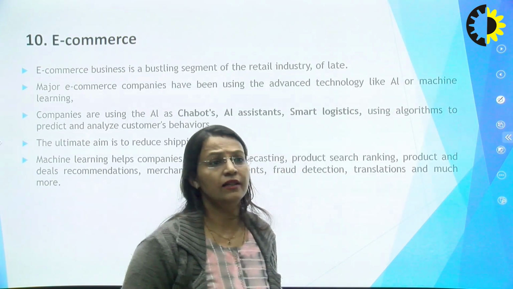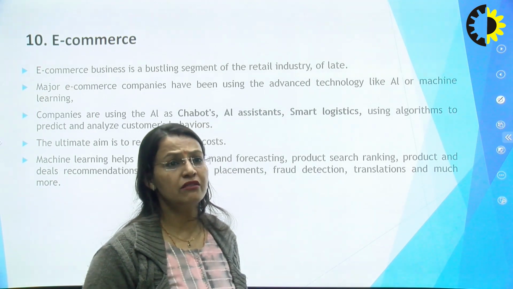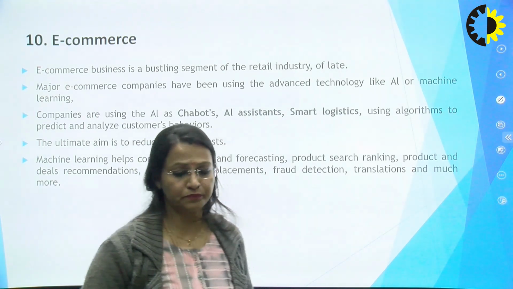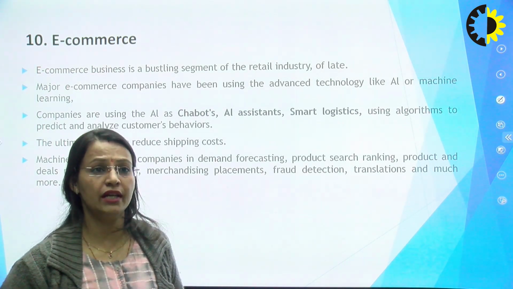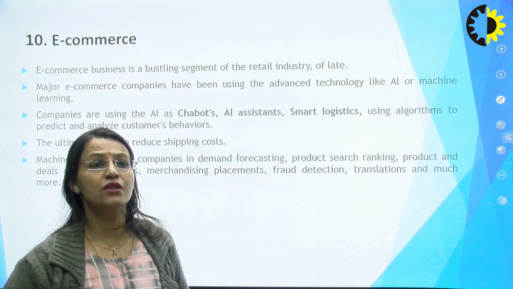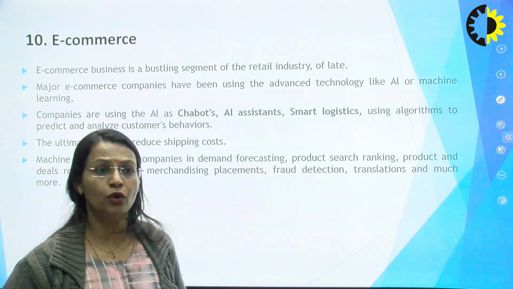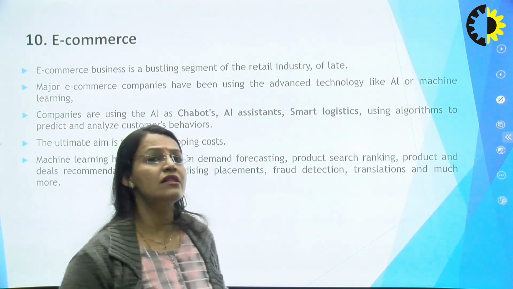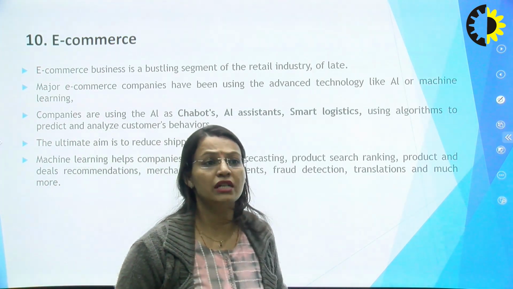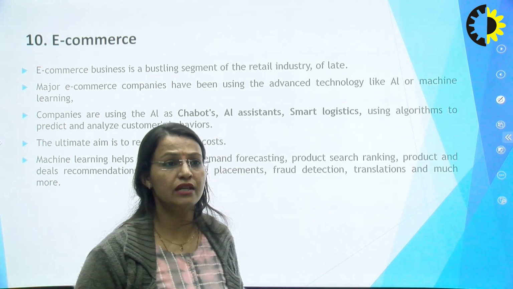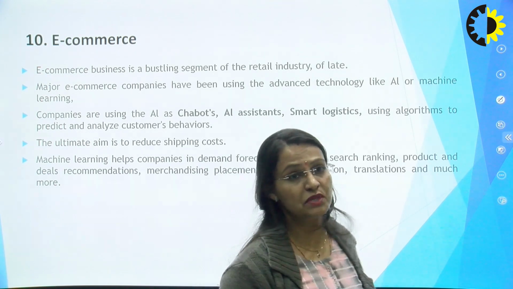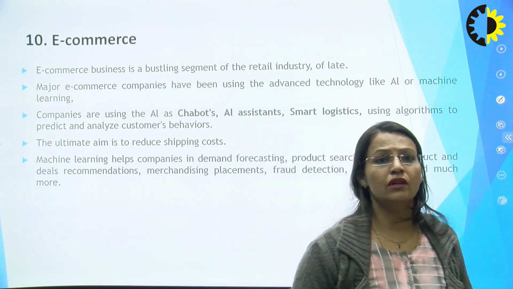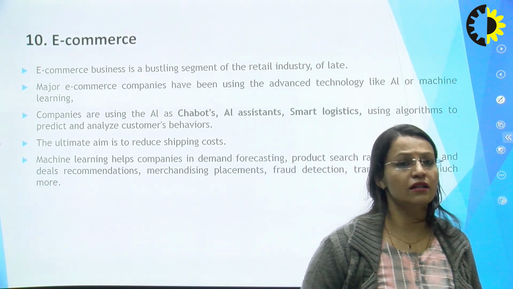The next is e-commerce. E-commerce is a very bustling and emerging segment of AI applications, in which the retail industry uses AI as a very important component. Advanced technologies like AI and machine learning are introduced, and companies use them as chatbots, as assistants, or for smart logistics, using algorithms to predict and analyze customer behavior.